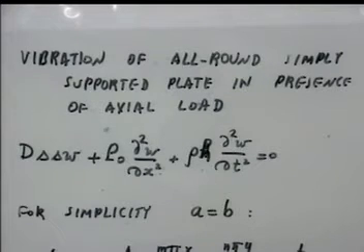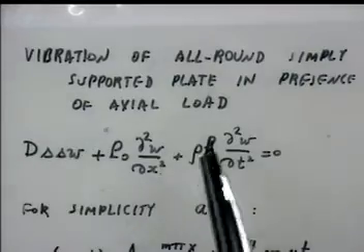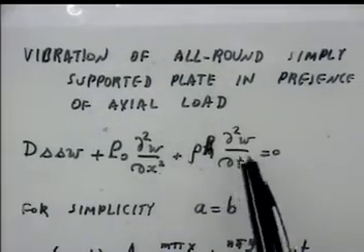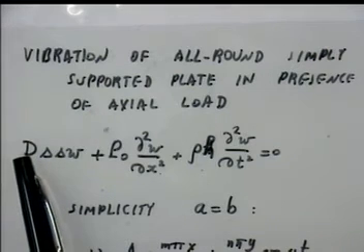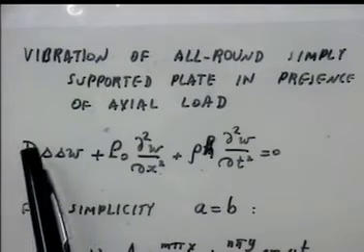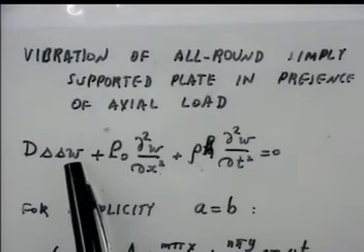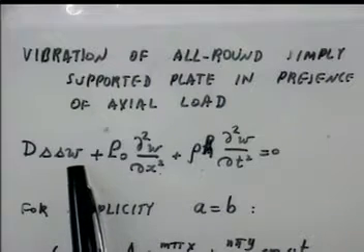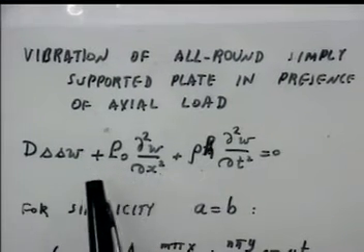So, if you remember, if we have just buckling, then this term is not present. This term has to do with statics of plates. Now this has to do with buckling.